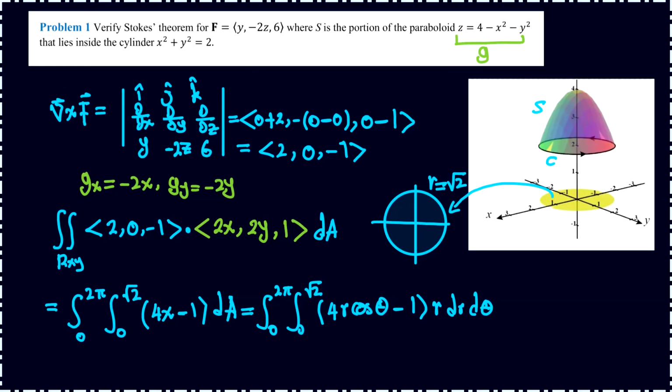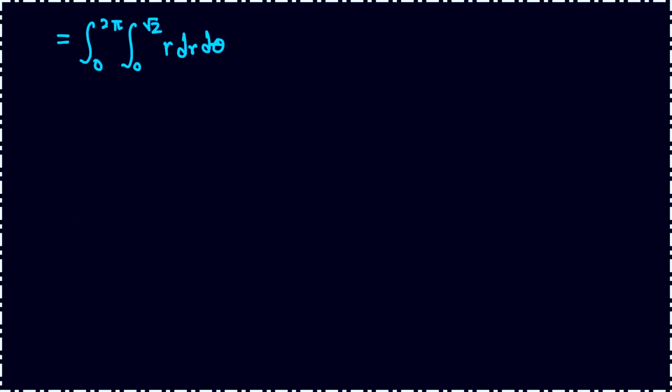Again, this integral is independent of theta, so I can do the last integral first, 2 pi, put the negative in front.